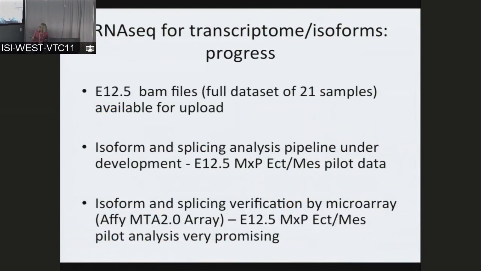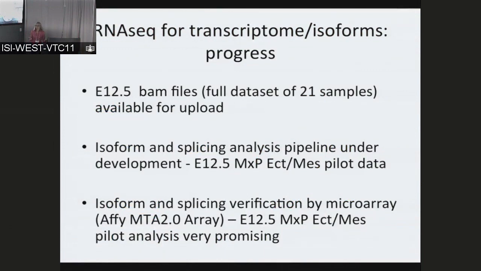And then the second piece of that isoform and splicing analysis would be verification. And so we've been talking about different ways to do high throughput verification for alternative splicing. And there's no really great solutions to the problem. But Affymetrix has come out with a new microarray that's really specifically designed to look at splicing. And so we've done some pilot experiments using that as a high throughput verification.